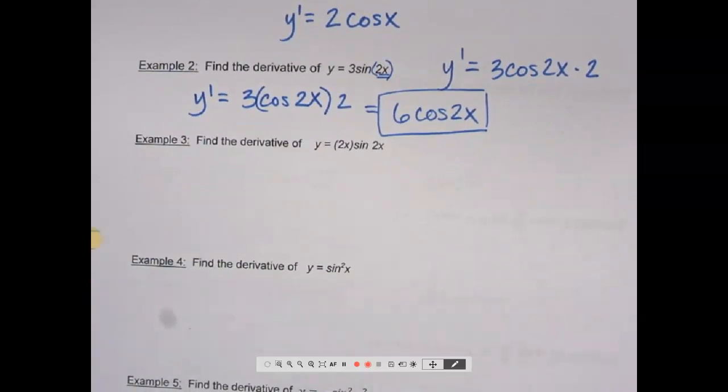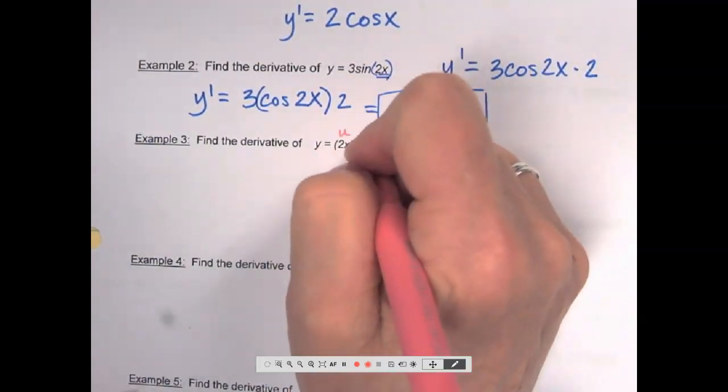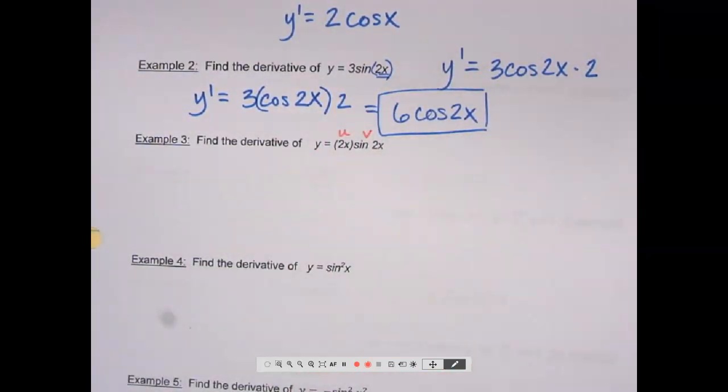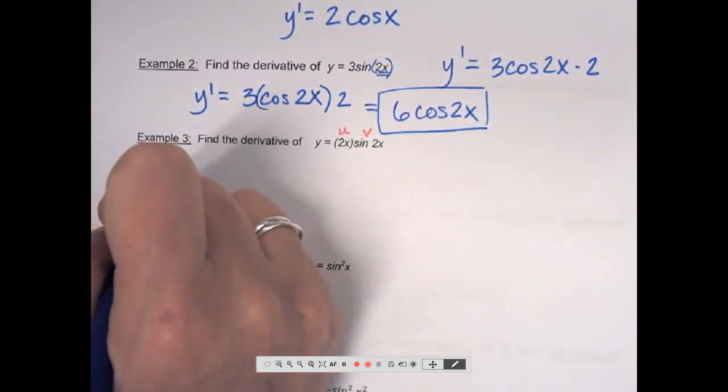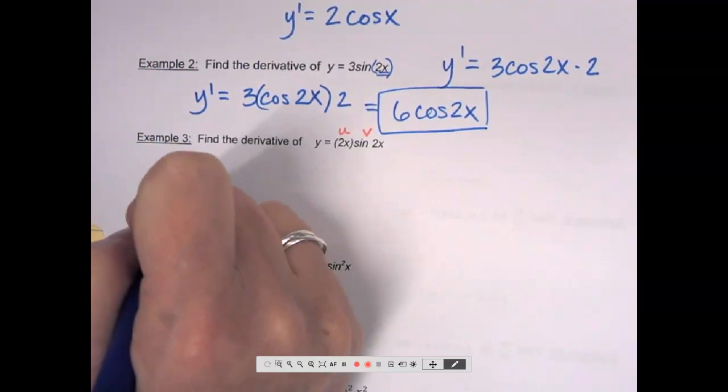All right, well, let's crank it up a notch. 2x times sine 2x. I have to use the product rule, yes. Okay, so here is u and here is v. All right, so let's start with, I'm going to do dy dx this time.